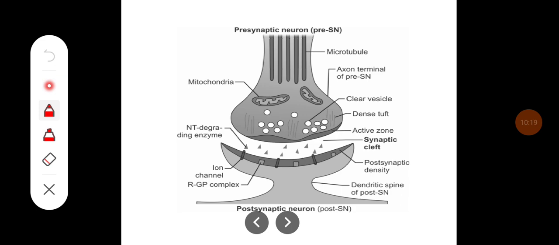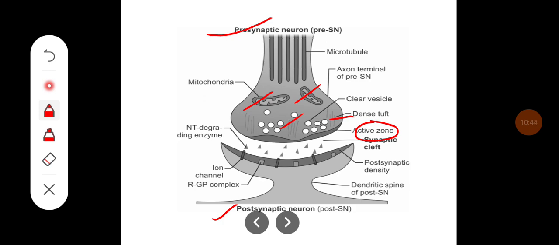So this is the diagram showing the synapse, which consists of the presynaptic neuron and the postsynaptic neuron. In the presynaptic neuron, you can see multiple mitochondria and the vesicles, which can be small or larger vesicles. You can see the dense stuff and the active zone.